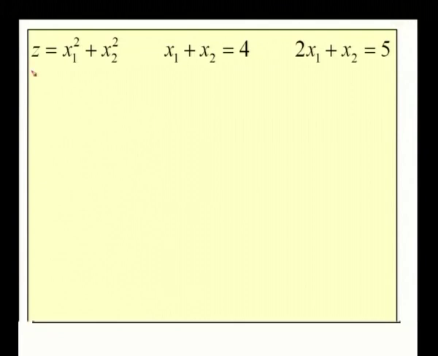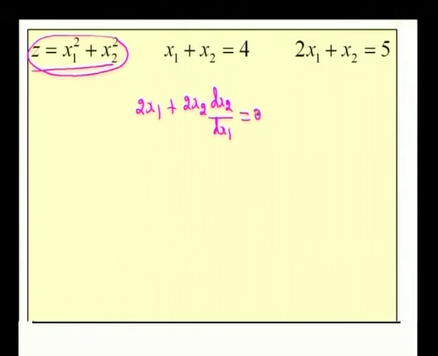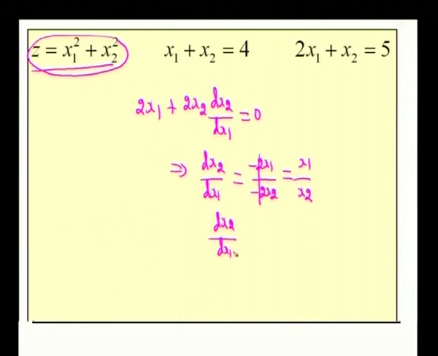Our next idea is to find the gradient of the tangent to the circle. To do this, we differentiate this equation with respect to x1. So, we have 2x1 plus 2x2 dx2 by dx1 equal to 0. From this, dx2 by dx1 equal to minus 2x1 by 2x2. By cancelling 2, we have x1 by x2. So, the gradient of the tangent to the circle is dx2 by dx1 equal to minus x1 by x2. We take it as equation 1.